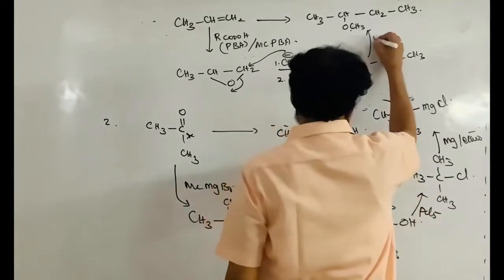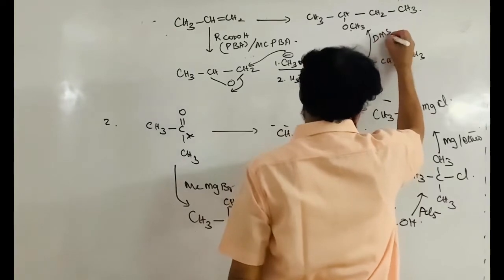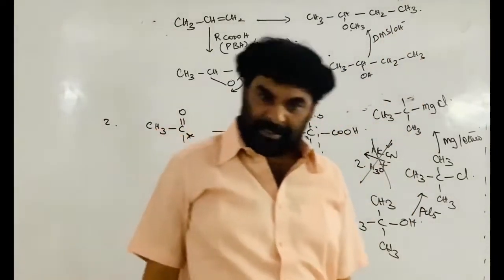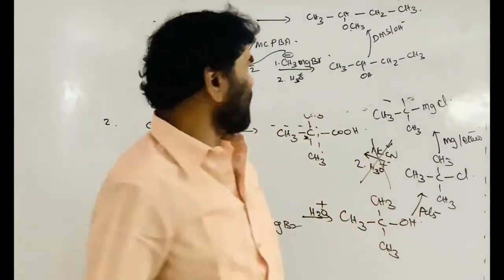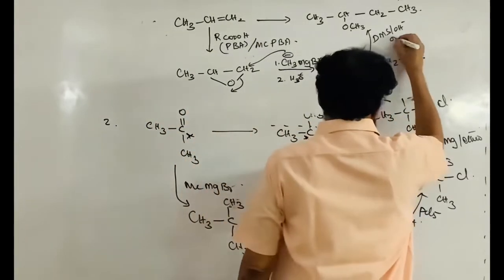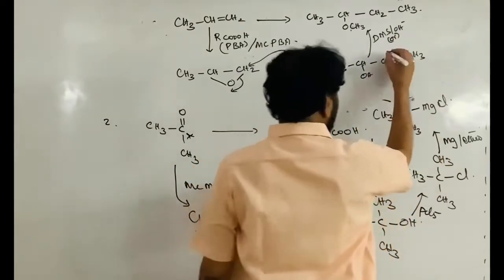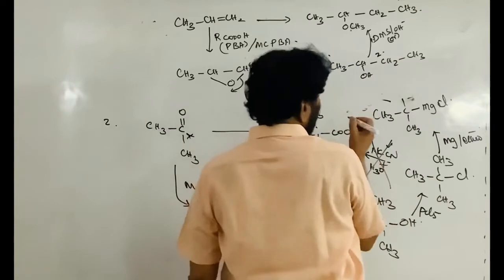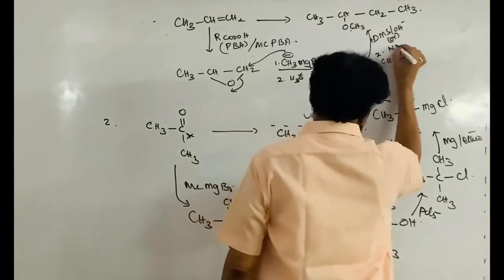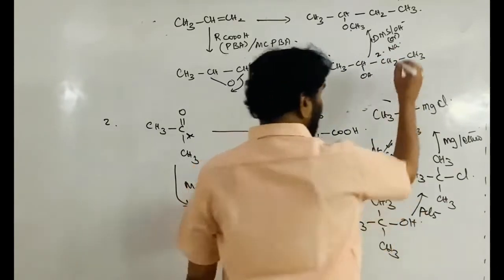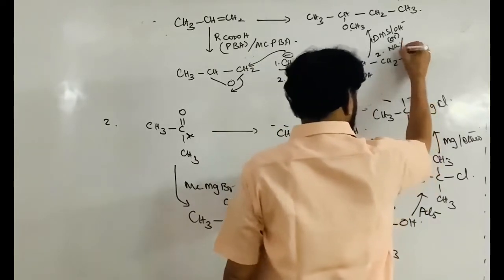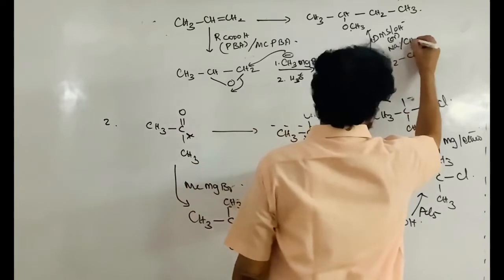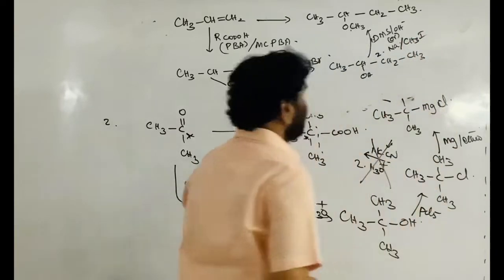Now this to this is very easy. That is DMS, dimethyl sulfate, a methylating agent. Alcoholic OH can be converted to OCH3. If you want that, treat with metallic sodium, followed by methyl iodide.